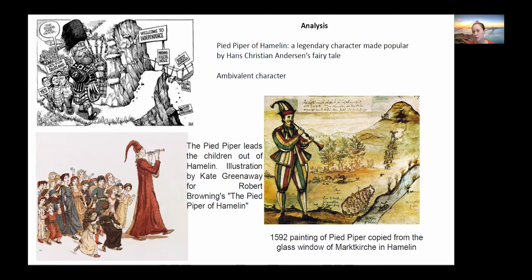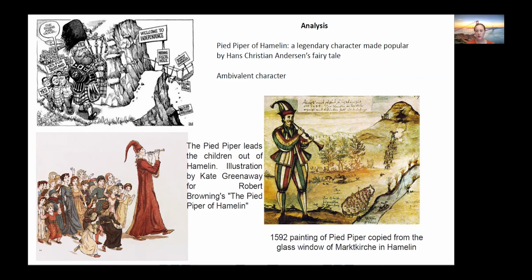Pied Piper of Hamelin is an ambivalent character, and it has various interpretations. So originally, he seems to be quite a positive character because he helps deliver the city from the rats. He's leading the rats out of the city thanks to his flute, a magic flute.